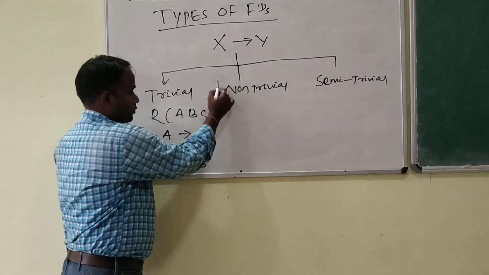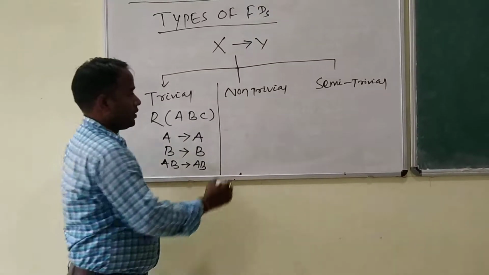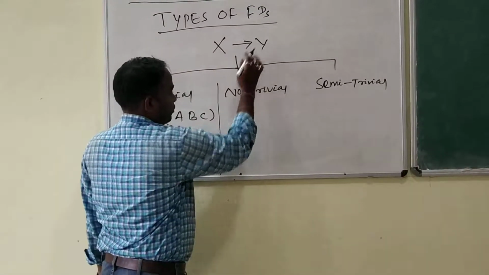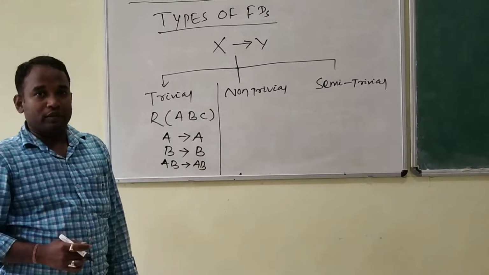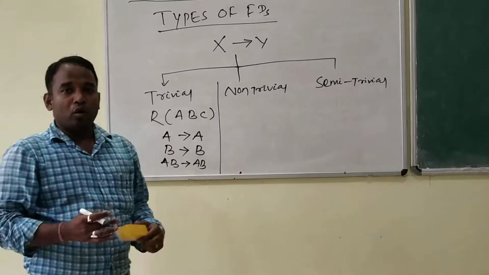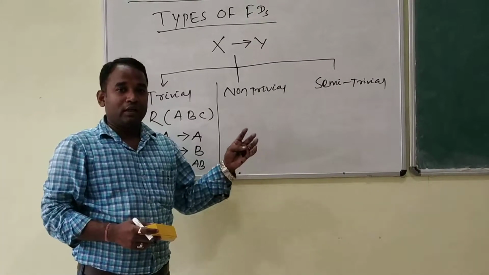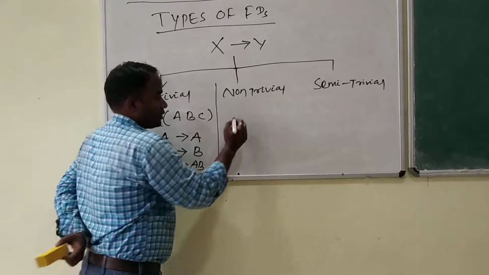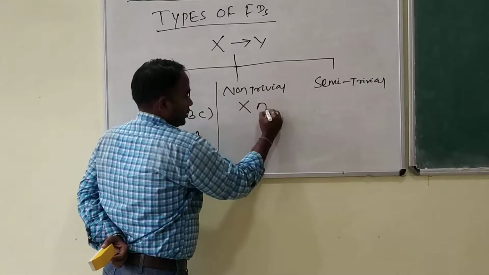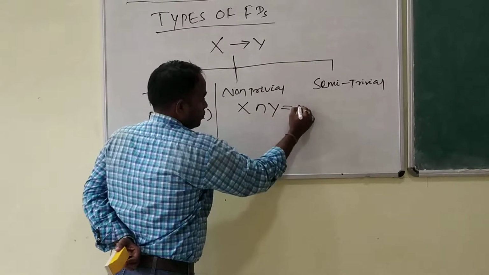Any functional dependency X determines Y will be called non-trivial if there is no common attribute present in the left hand side and right hand side. That means X intersection Y is equal to phi.